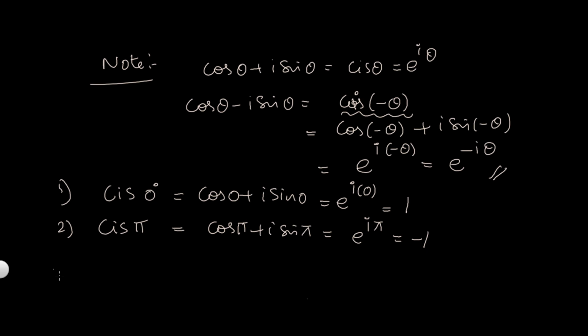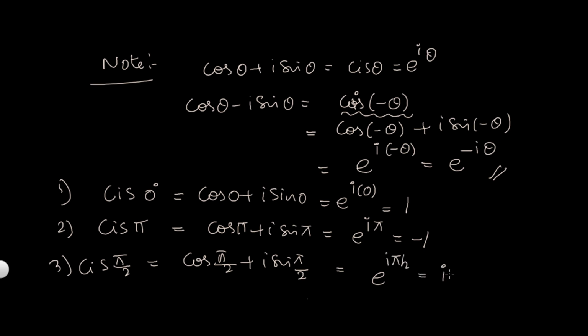Third one, cis pi by 2 is cos pi by 2 plus i sin pi by 2, that is e to the power of i pi by 2; cos pi by 2 is 0, sin pi by 2 is 1, so it is i.